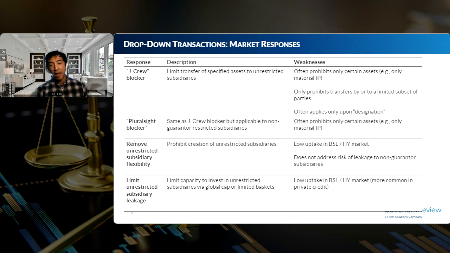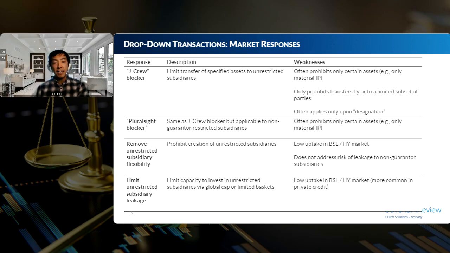So to go back to Scott's point about unrestricted subsidiaries being an artificial construct, in order to create an unrestricted subsidiary, there needs to be a mechanism within the credit agreement or indenture allowing for the creation of that unrestricted subsidiary. And that creation is often called a designation. You, the borrower, affirmatively designate an existing subsidiary as unrestricted.